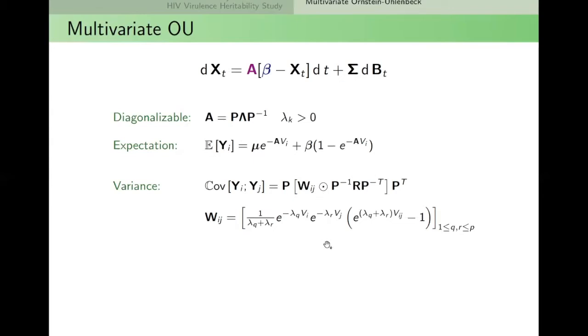This is way less nice for the inference, as we will see later. It's still a big Gaussian vector, which is nice, but we don't have this nice Kronecker decomposition, so it's not going to be as nice as for the Brownian motion.